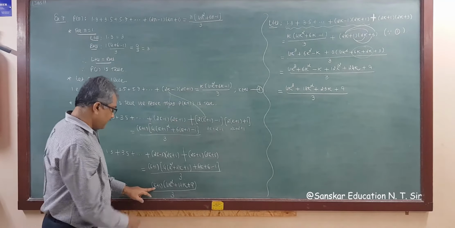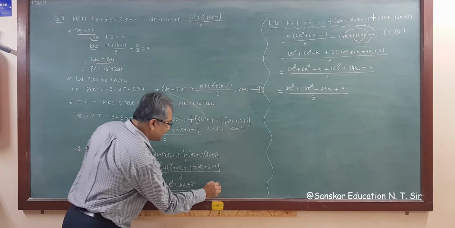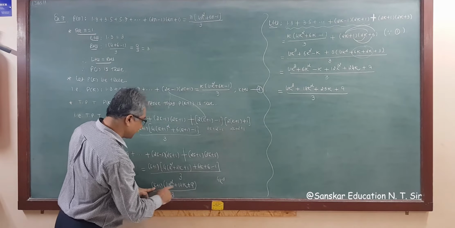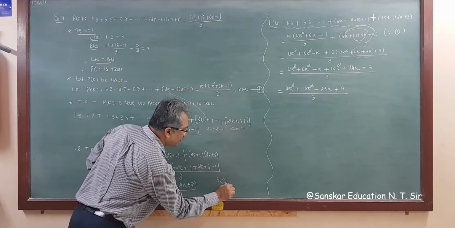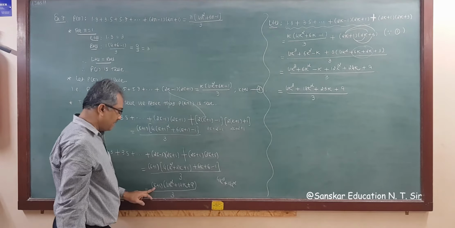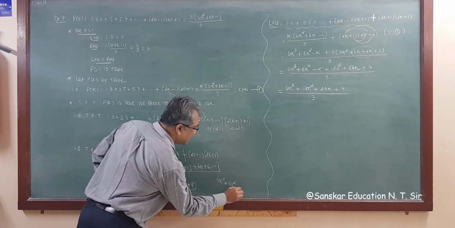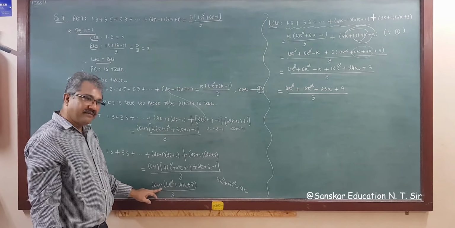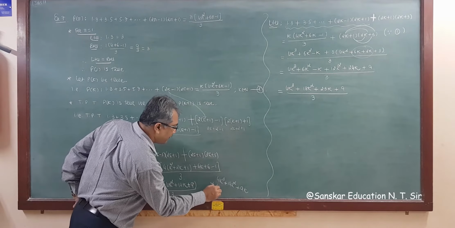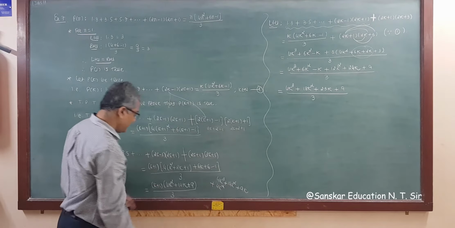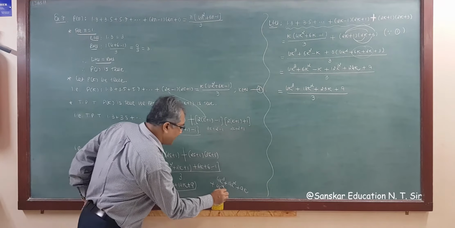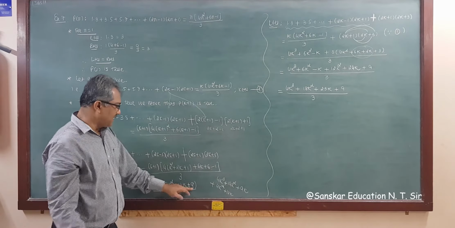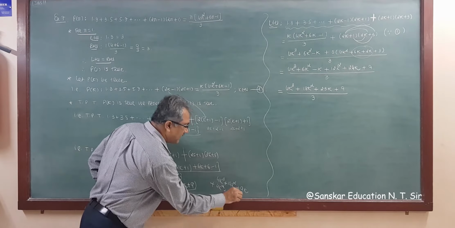See here, if we multiply with k, what is the answer? 4k cube, right, plus 14k square, then plus 9k, then multiply by 1, that is plus 4k square, right, plus 14k, and plus 9, divided by 3.